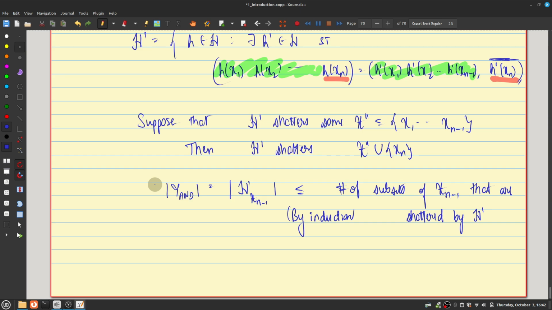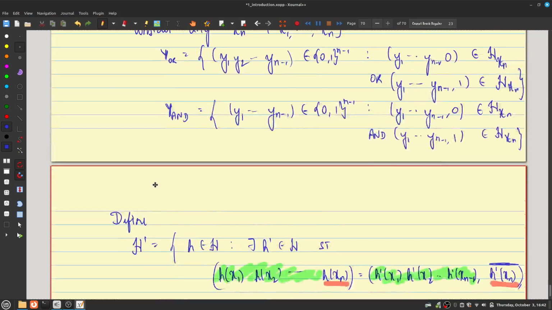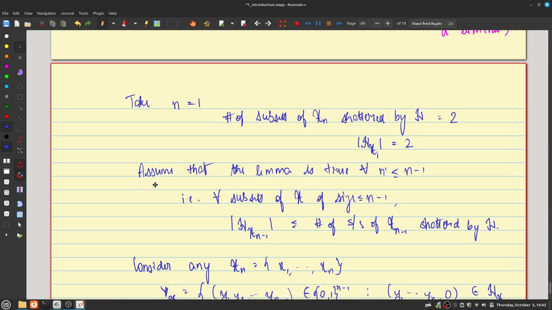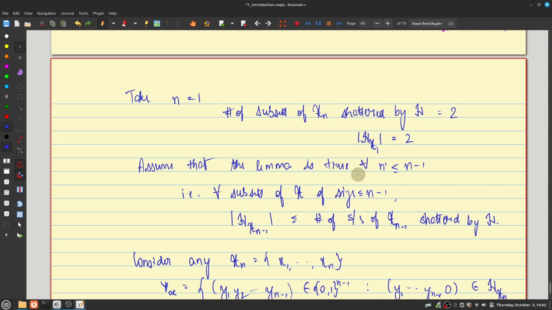So I'm assuming that no matter what the hypothesis class is, it's still true. This particular statement that I'm making in the induction step is true for all H. So you take any hypothesis class H and any subset of X of size n minus 1, the restriction of H onto xn minus 1 is at most the number of subsets of xn minus 1 that are shattered by H. Okay?